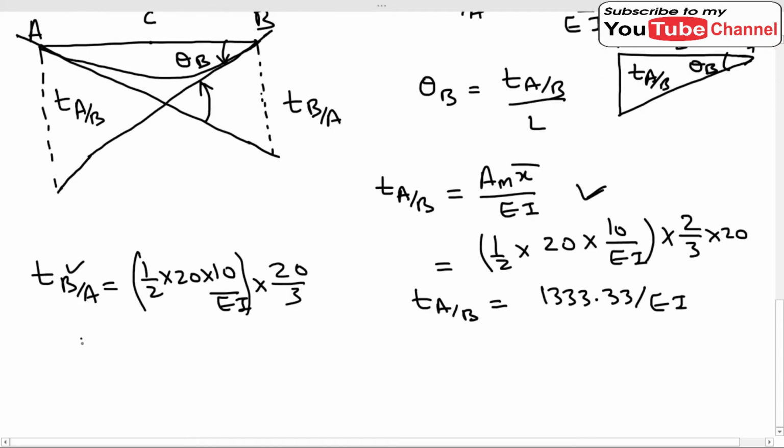So the value of TB over A will be equal to 66.67 upon EI.